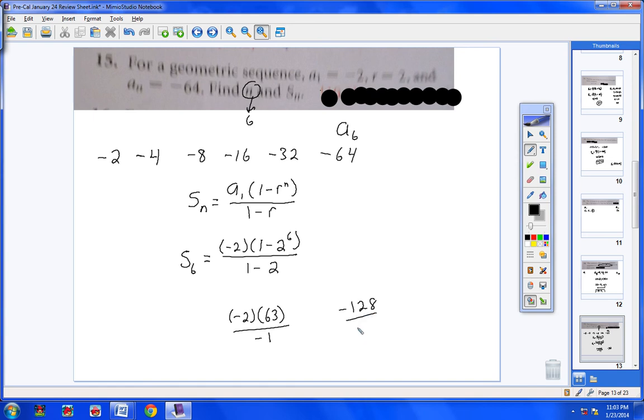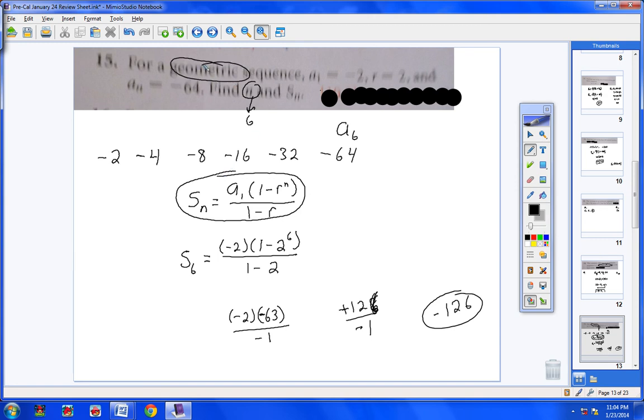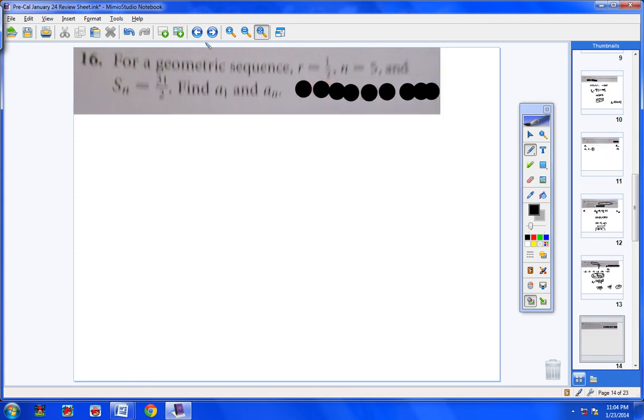All over a negative 1, and so the sum, if you add all of those together, is going to be negative 126, positive 126 divided by negative 1. So we use this formula here for 2 reasons. A, we had what type of sequence, geometric, and B, we knew how many terms we were finding the sum of. Let's take a look at number 16.